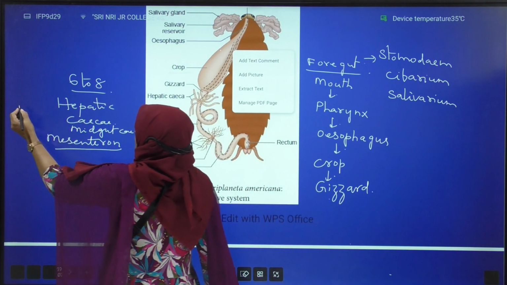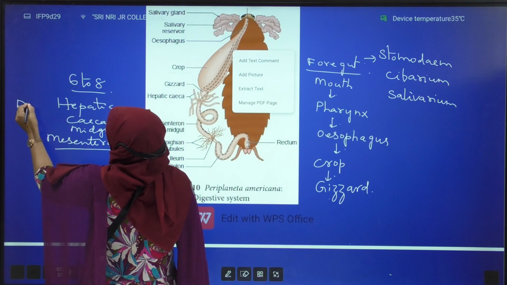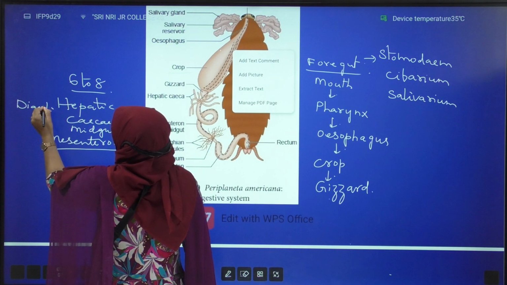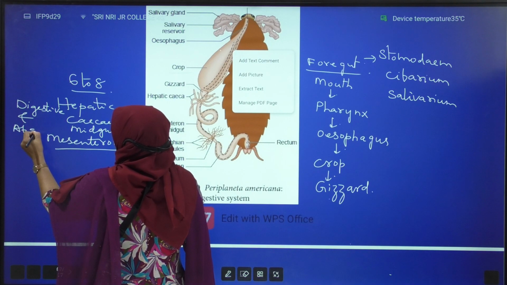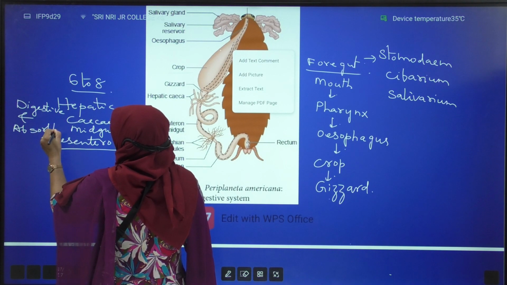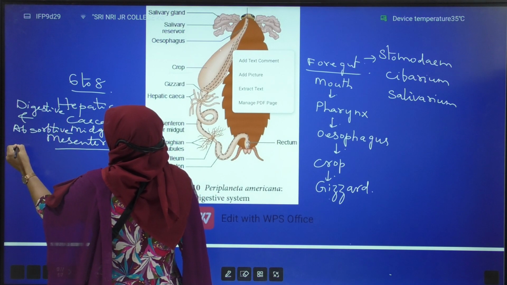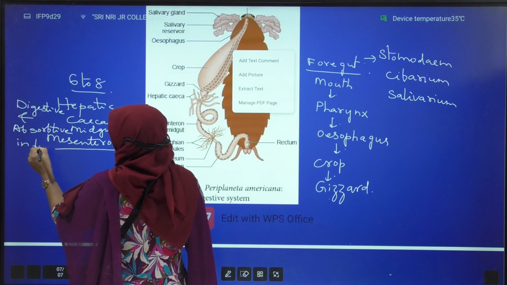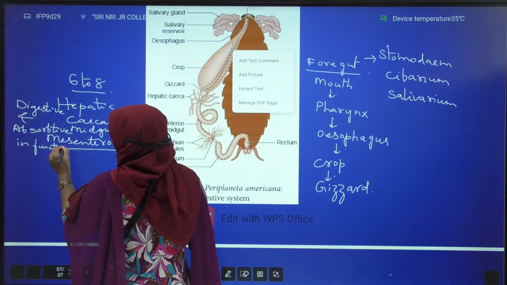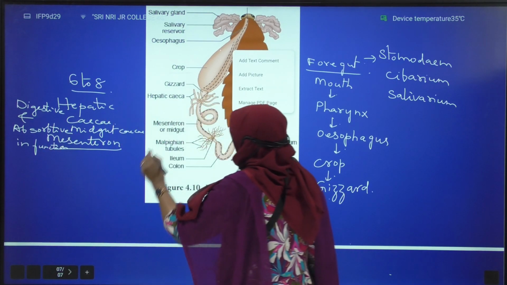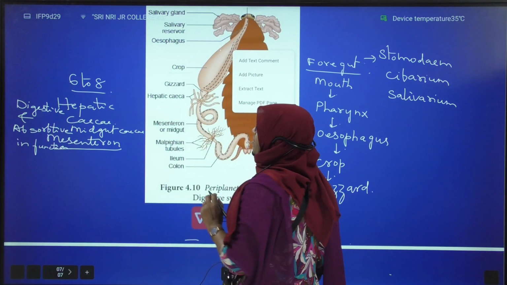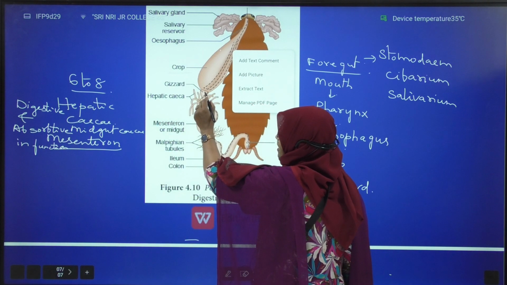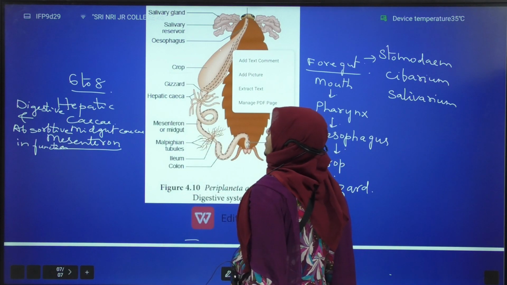These hepatic caeca are digestive and absorptive in function. They are six to eight in number. These are finger-like diverticula which are present at the junction of gizzard with mesenteron.